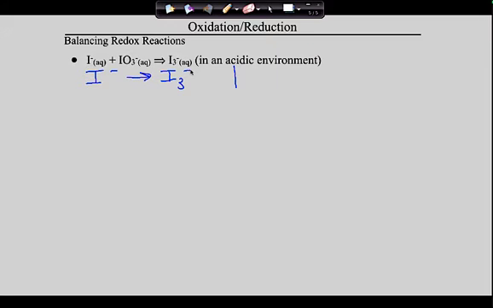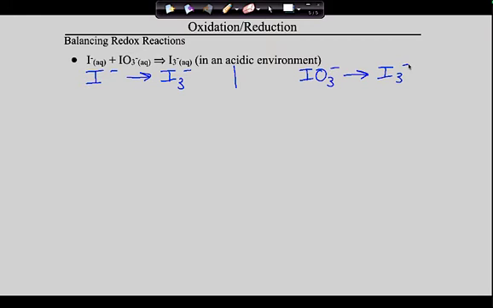That's close enough. Then our other half reaction is IO3 minus yields I3 minus. You'll notice that we've got two reactants forming one product. As a result, both of our half reactions have to go to the same product.